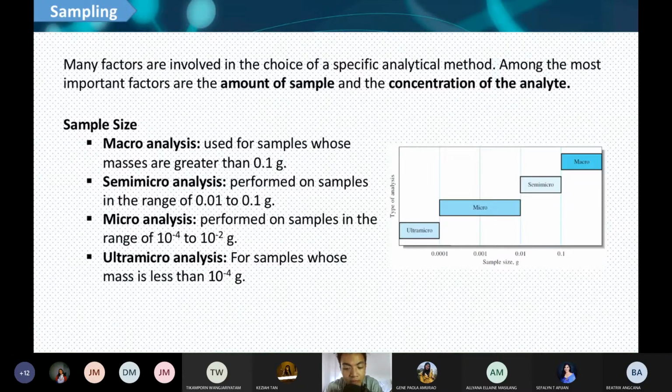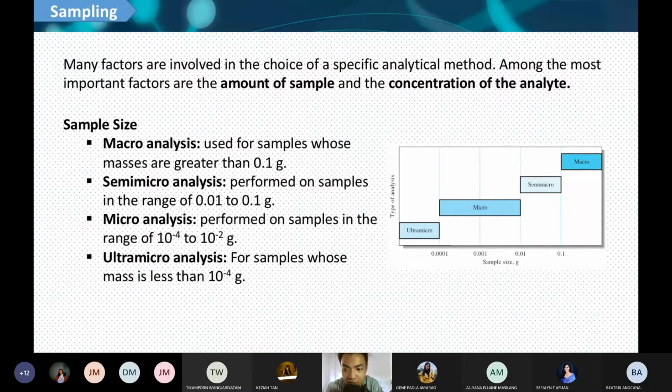When doing micro analysis, you should use more sensitive techniques and more sensitive apparatus, because again, the classical methods will no longer apply to very tiny amounts of matter. If you use a classical method such as gravimetry or titrimetry, it will cause lots of errors.